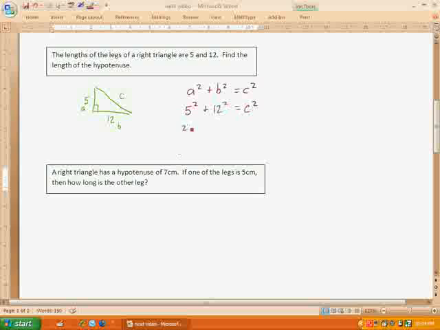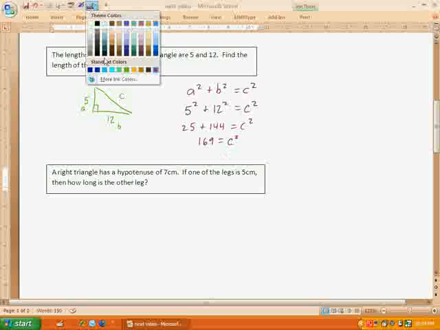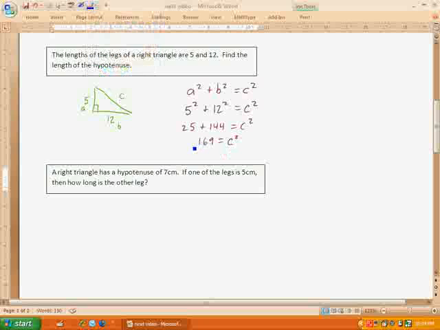So 5 squared is 25, 12 squared is 144, that will equal c squared. 25 plus 144 is 169. And now I don't really care what c squared is. I want to know what c is. So how do I solve for c? Well, you're right. We do the inverse. We take the square root. And so the square root of 169 is 13.